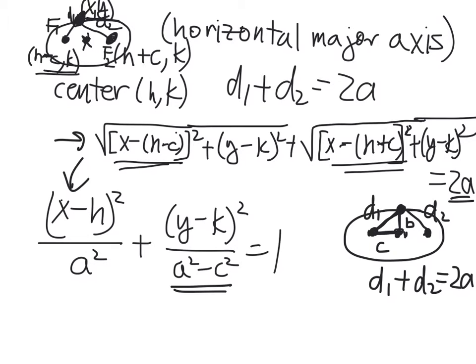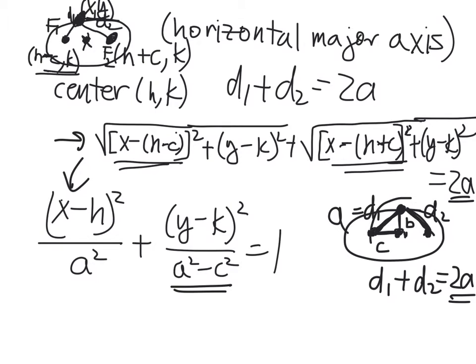So d1 is going to be represented by what? Which would be the same as d2. If they add up to 2a, okay, light bulb went off. So that turns out to be a.